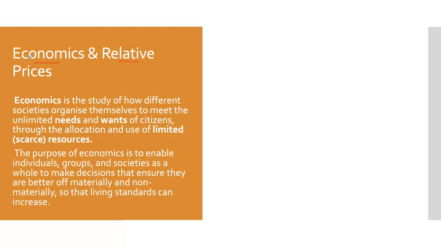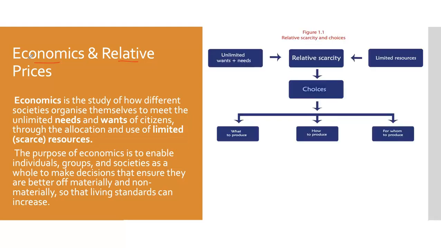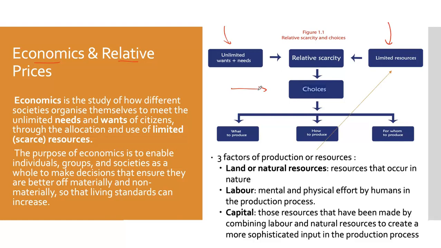And that's really important because of this issue of relative scarcity. We have unlimited needs and wants and limited resources. So we need to come up with effective choices to organize our economy and allocate our resources, which are land, labor, and capital.